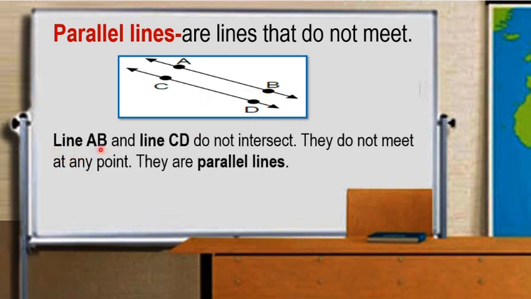Therefore, line AB and line CD do not intersect. They do not meet at any point. They are parallel lines. So we can write it like this: line AB is parallel to line CD.